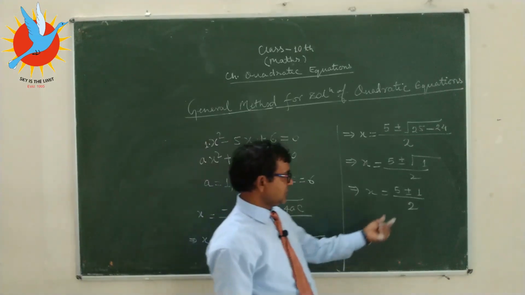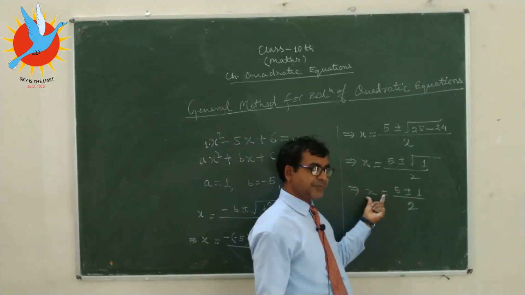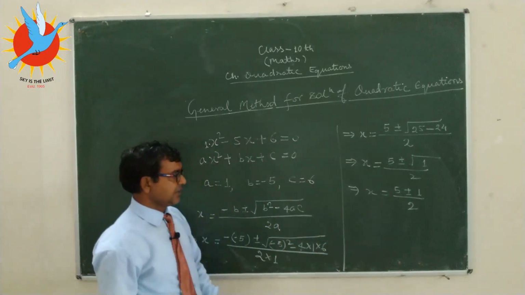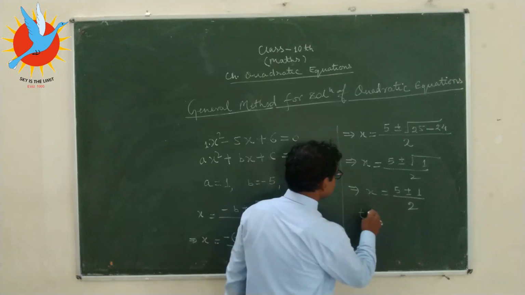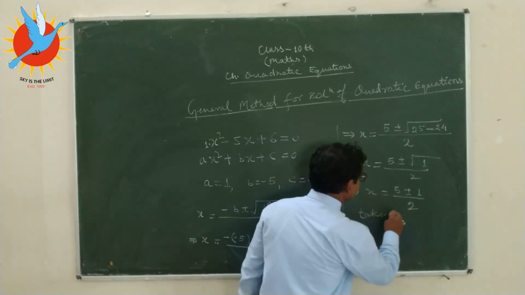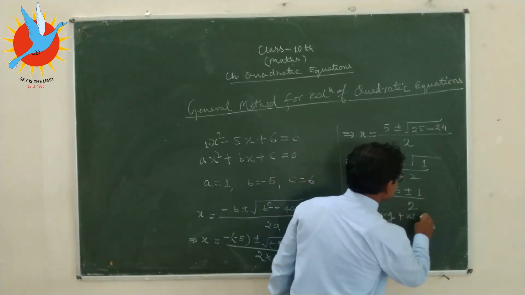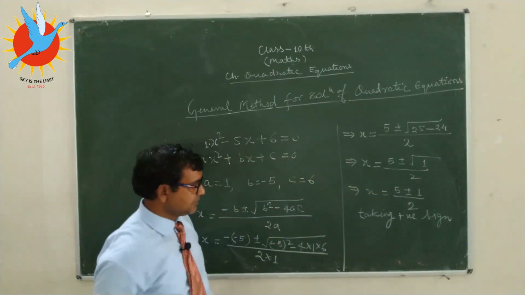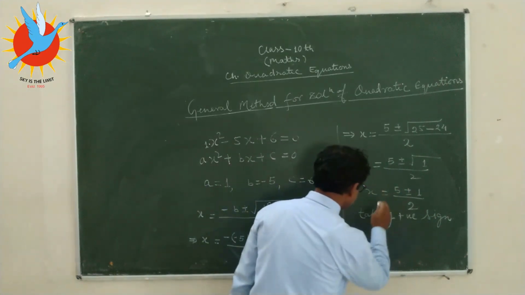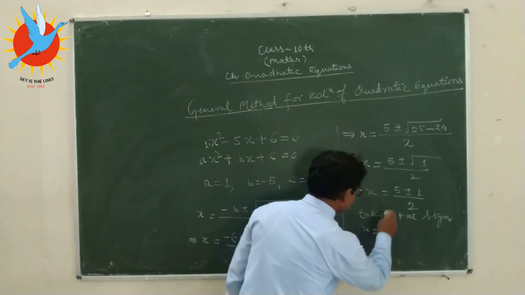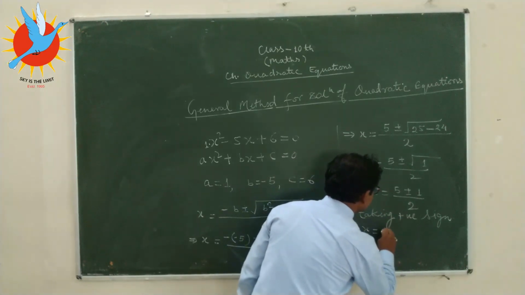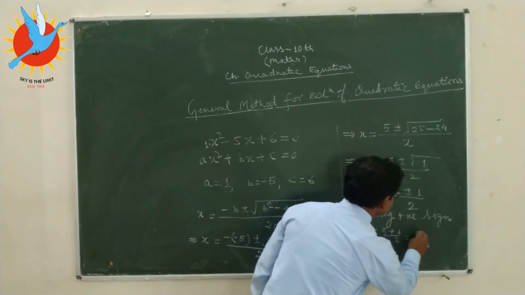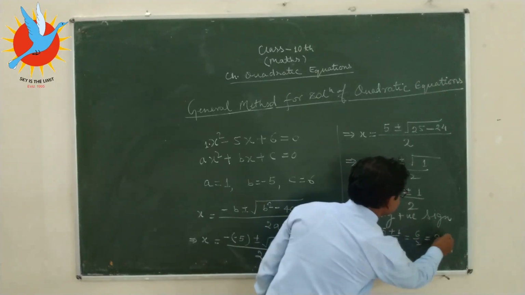With the positive sign we have one value of x, and with the minus sign we have the other value of x. Therefore taking the positive sign, x equal to 5 plus 1 upon 2, and this will be 6 by 2 equal to 3.